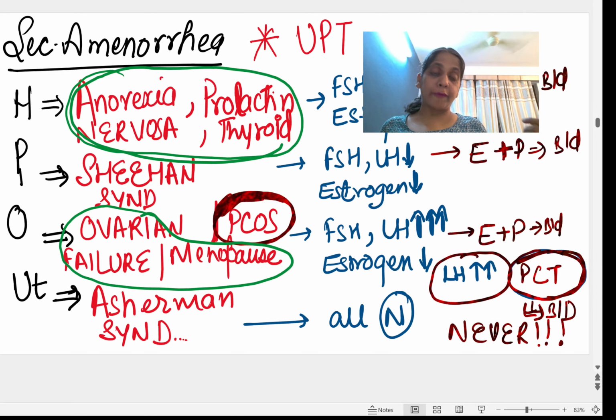And if the copper T is already in the uterus, then we will remove that copper T with the copper T hook. But the copper T hook does not function in the peritoneal cavity, and if we fail to remove it by the copper T hook, then we will remove it hysteroscopically. Okay.